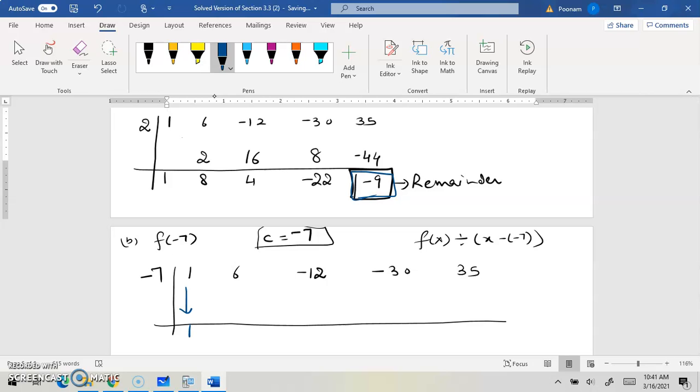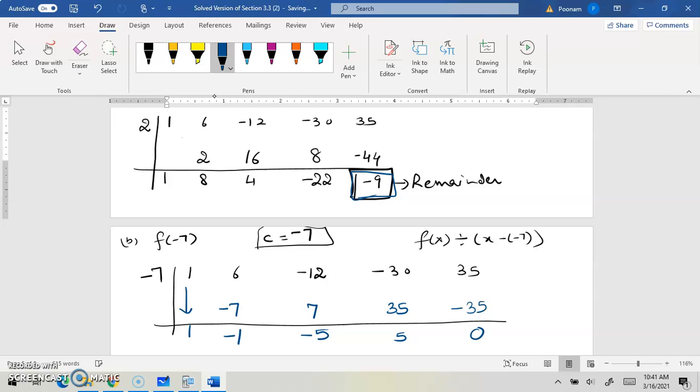Negative 7 times 1 is negative 7. Adding the column entries is negative 1. Negative 7 times negative 1 is 7. Adding the column entries is negative 5. Negative 7 times negative 5 is 35. Adding the column entries, we get 5. Negative 7 times 5 is negative 35.